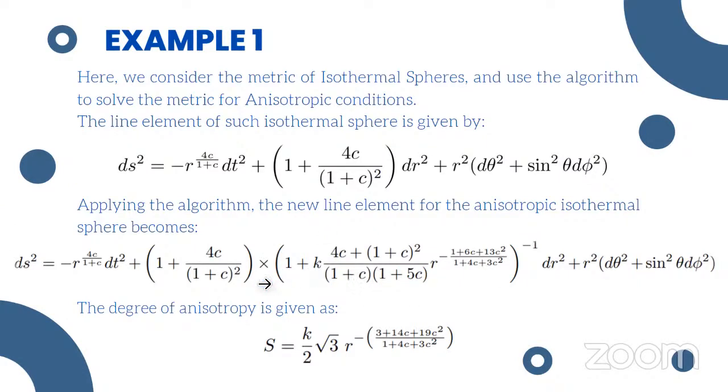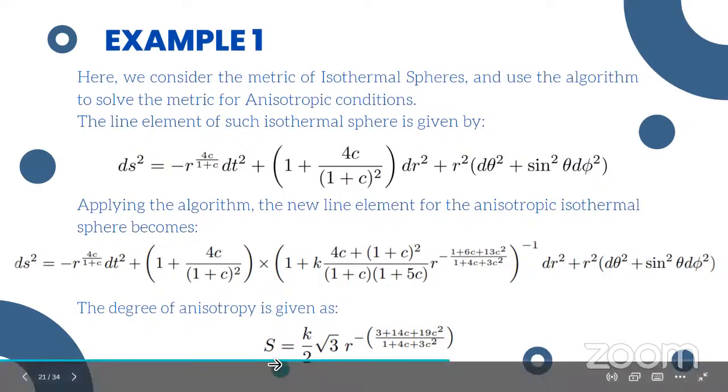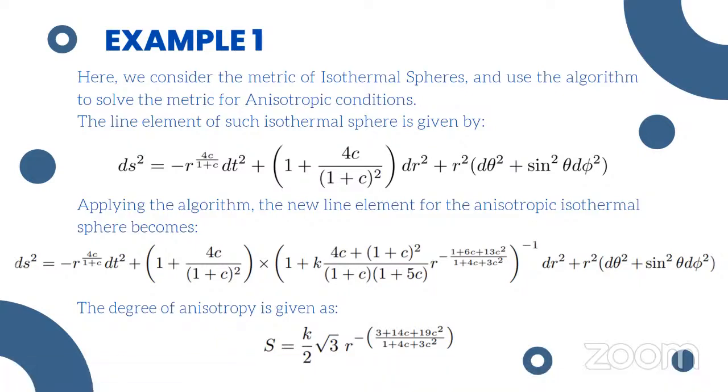Now, comparing these two expressions and using certain mathematical methods, we obtain the degree of anisotropy as the third expression, given by S equals K by 2 square root of 3 into R to the power of coefficient. Okay. So now we see that this expression of degree of anisotropy contains two parameters, namely K and C, by varying which we get different plots of S versus R.